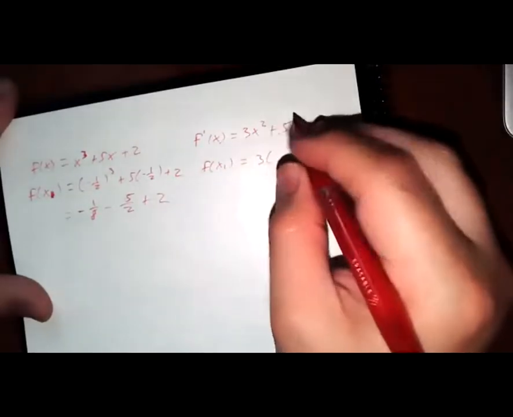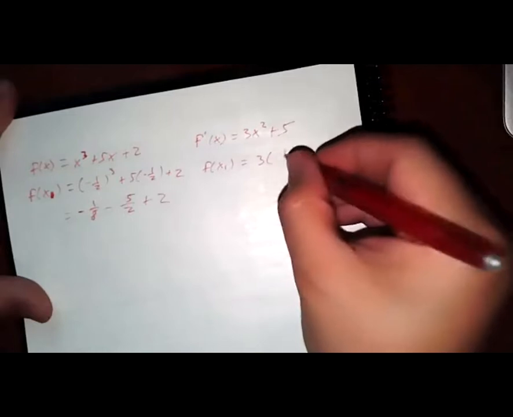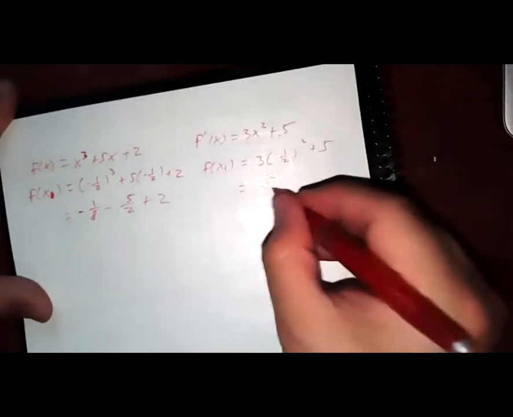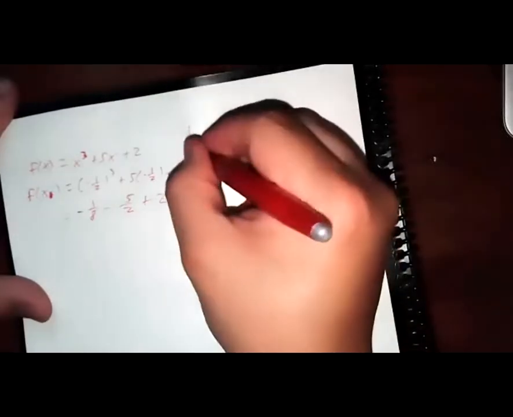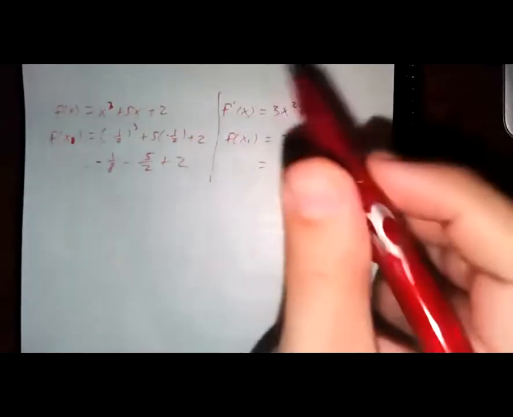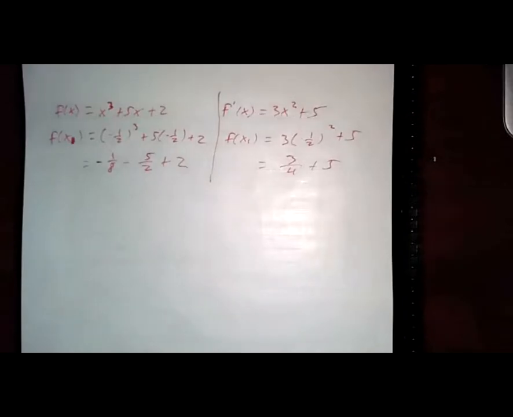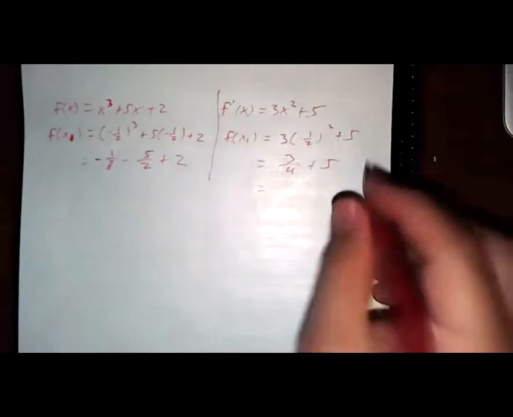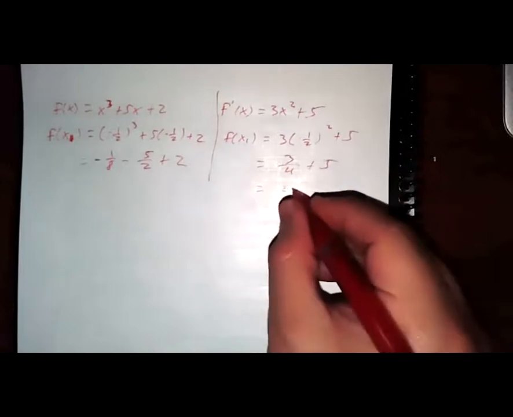The derivative at x1 here will be negative half squared plus 5. So 3/4 plus 5. What's all that fraction stuff going to be? Times 4, this is 23/4, right?